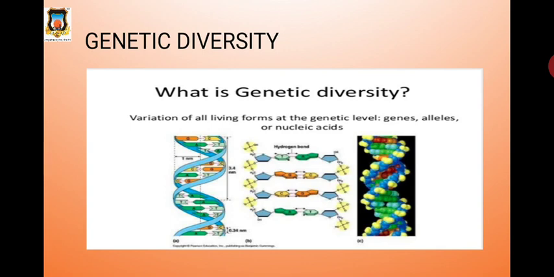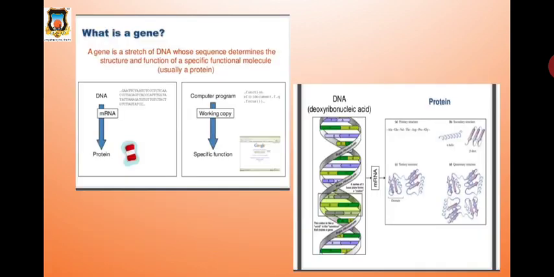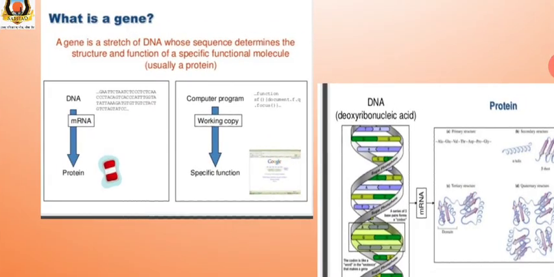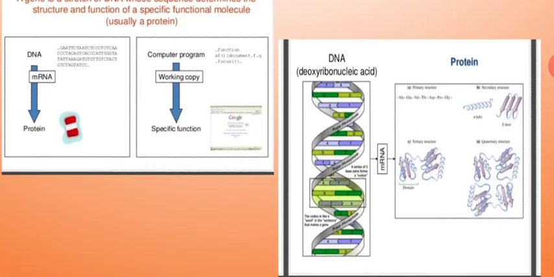These genetic variations are differences in DNA segments or genes between individuals, and each variation of a gene is called an allele. A gene is a stretch of DNA whose sequence determines the structure and function of specific functional molecules. This snapshot shows the structures of DNA and proteins.